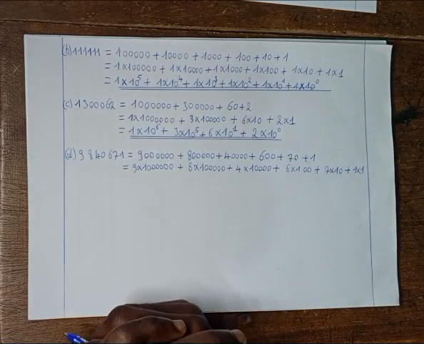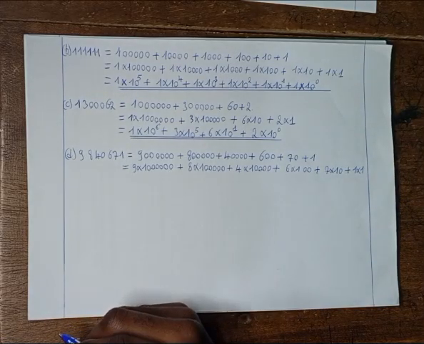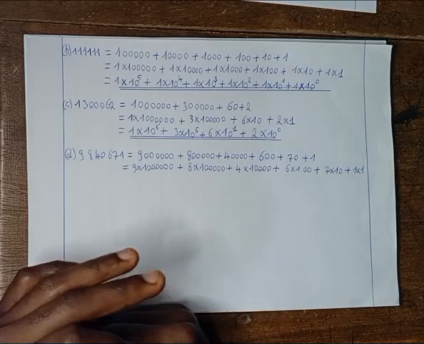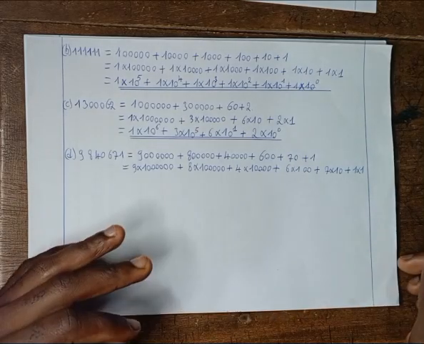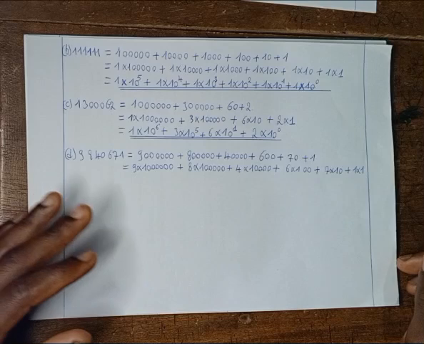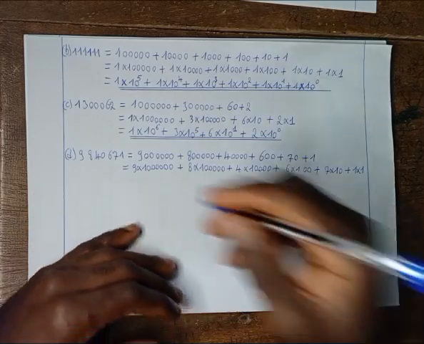We know 1 is the multiplicative identity. That means when we multiply any number by 1, the result we obtain remains the same number.